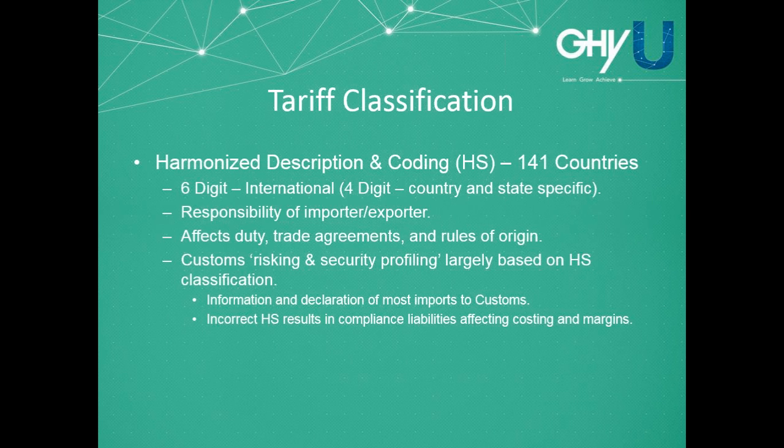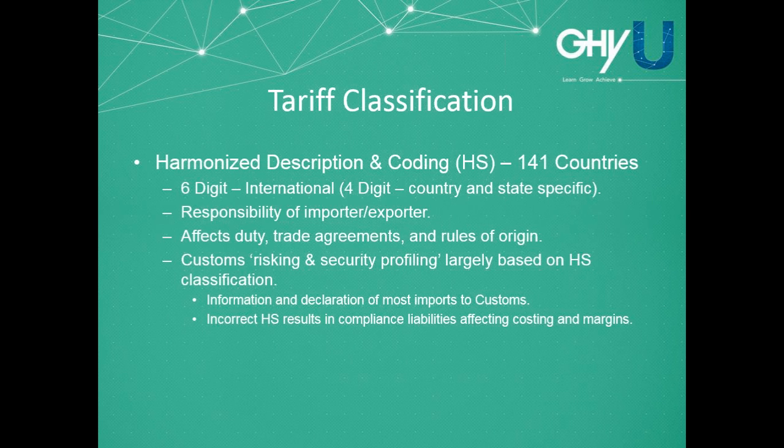Even though a customs broker will be doing the preparation of your B3 in most cases, it is the importer that is responsible for the accuracy of the tariff reported on the customs entry. When classifying goods or using the customs tariff, this will determine the amount of duty that is owing, what kind of trade agreements are given, and what rule of origin should apply.